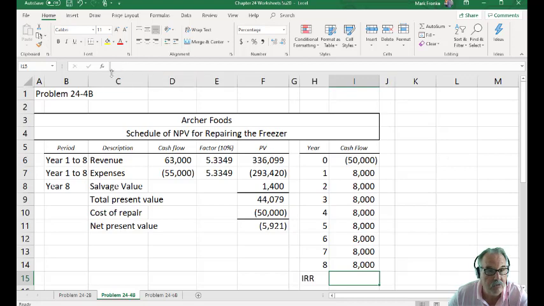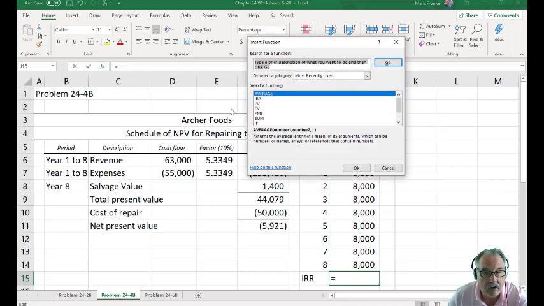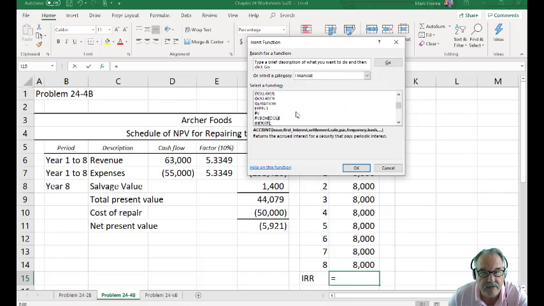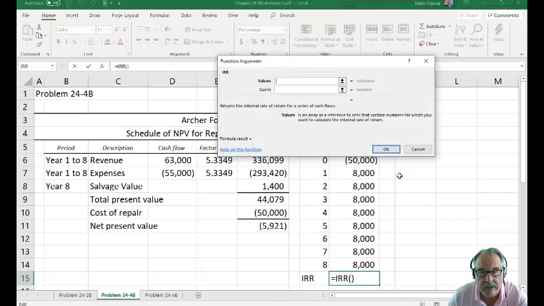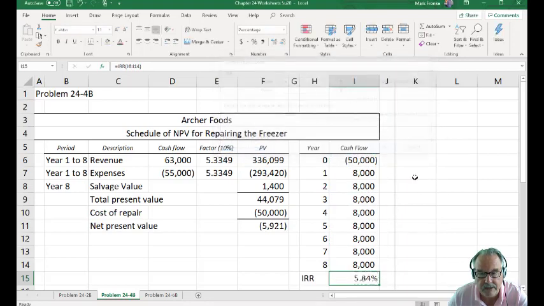So if I use the IRR tool, which is under financial, one of the functions, IRR, I've scheduled out the cash flows. So I'll just put that in, and that gives us an internal rate of return on this project of 5.84%.